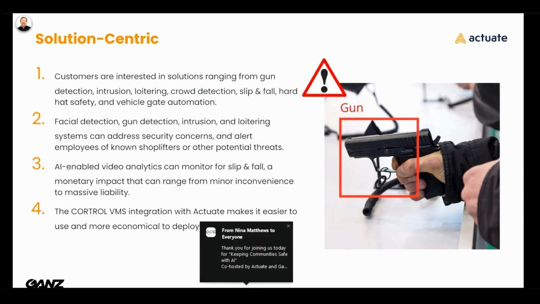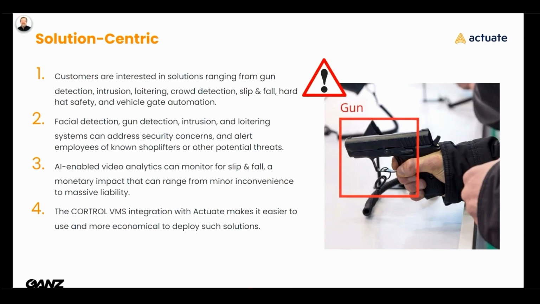These are all areas where customers have interests where traditional analytics don't provide a solution that really fits and really allows them to key in on events that are specific to their interest. Some of those might be face detection, gun detection, intrusion, loitering systems. These can address some of those security concerns, and they may be related to shoplifting or other such potential threats, just to put a few in there.